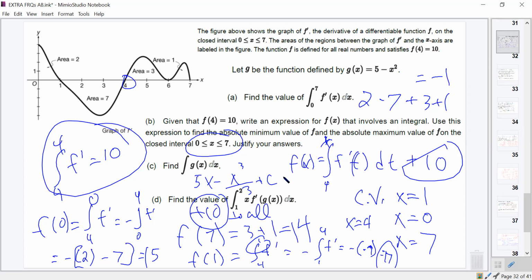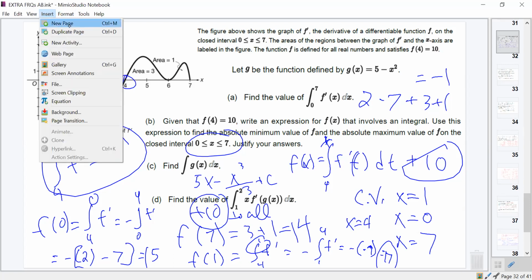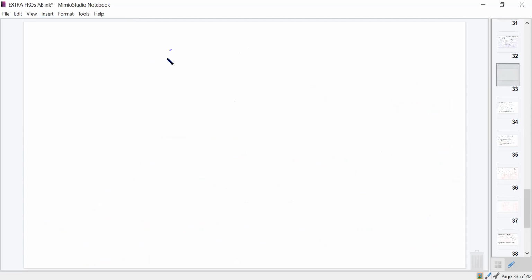So if we want to figure out that integral, my suggestion, I gotta move the Zoom screen over so I can make a new page now. All right, so we have an integral of x times f prime of g from 1 to 2.